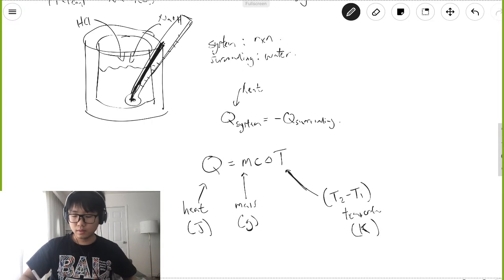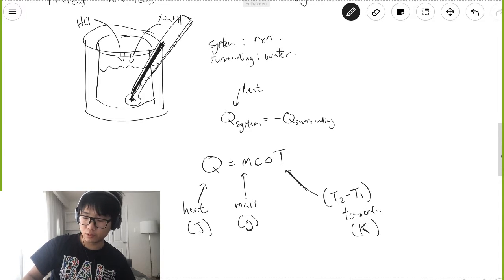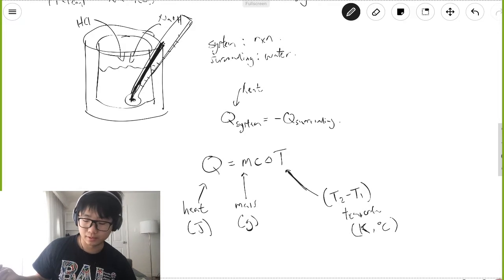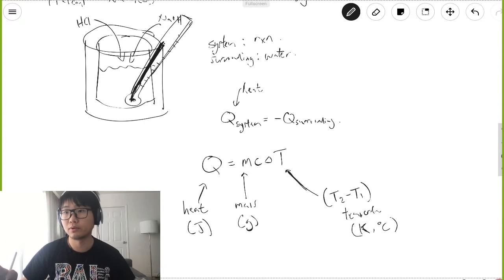Okay, it can really be Kelvin or degrees Celsius, because we're just looking at the changes between them, right? They're on the same scale, because a 1 degree Kelvin change is the same thing as a 1 degree Celsius change. The change is the same, but of course the absolute number is different, because if we want Kelvin, we add 273.